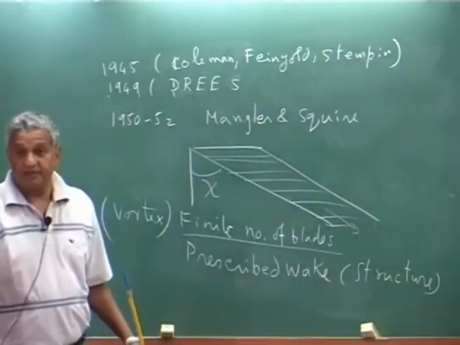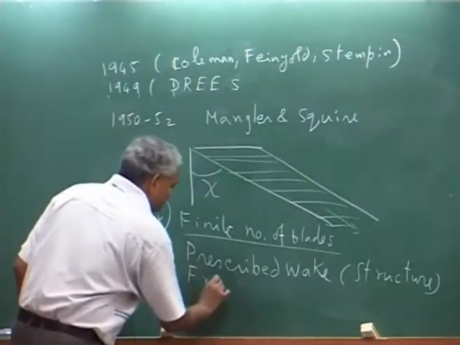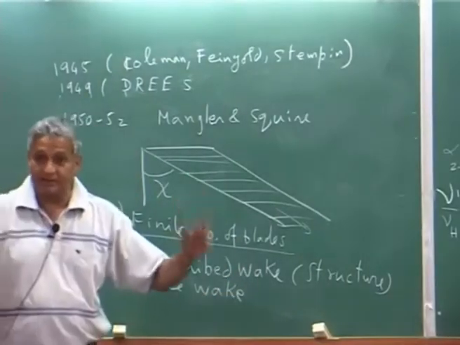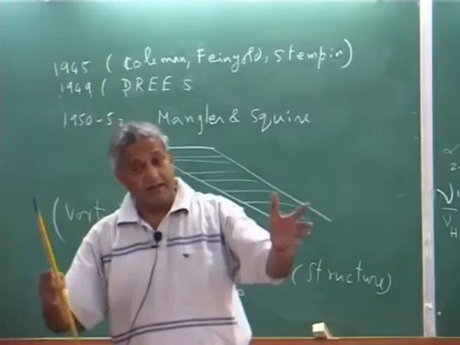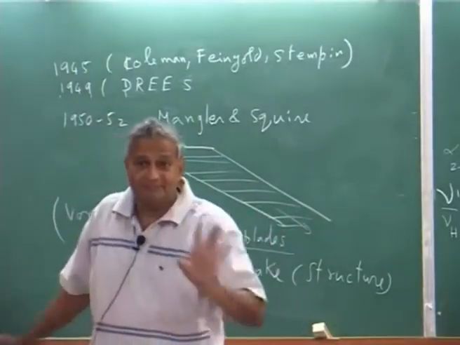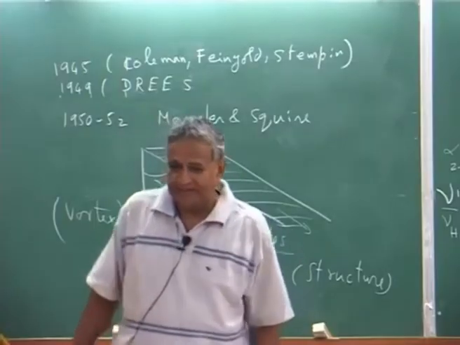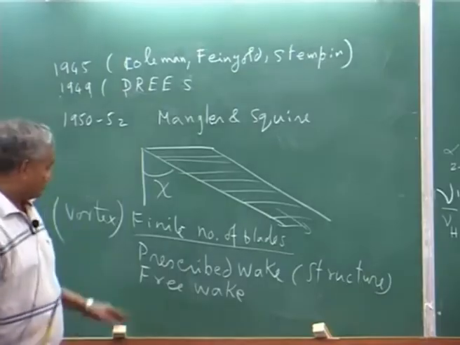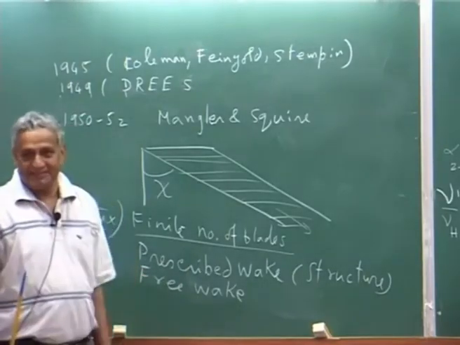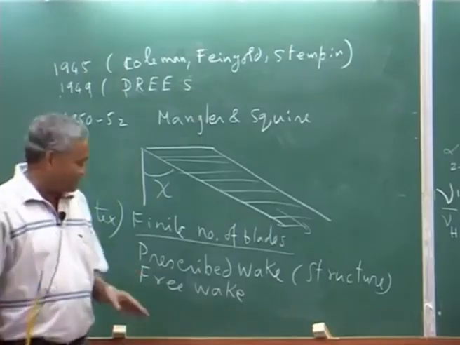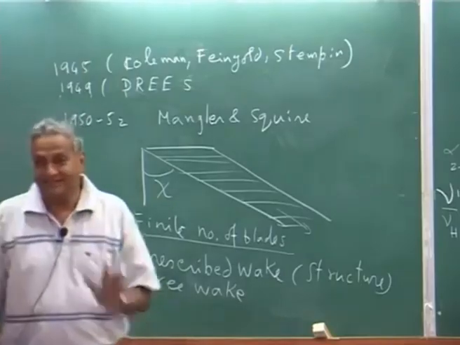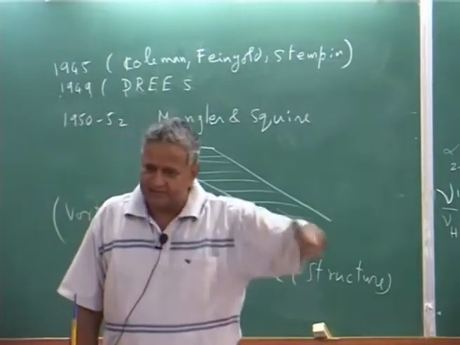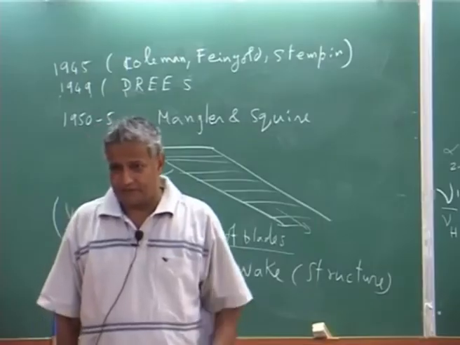But another one is free wake. That means you allow the wake to interact with another wake, and finally it will come to its own equilibrium for a given condition. These are all computationally more involved, and of course prescribed wake is reasonably better than free wake. Free wake is computationally very time consuming. But these are research fields which people have been working on.